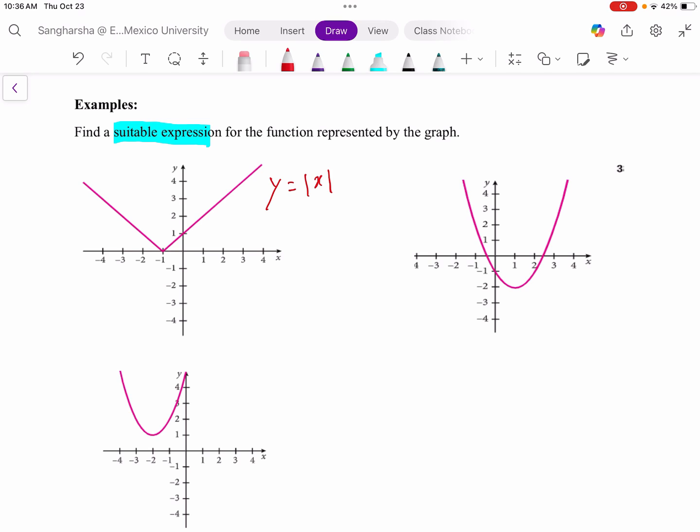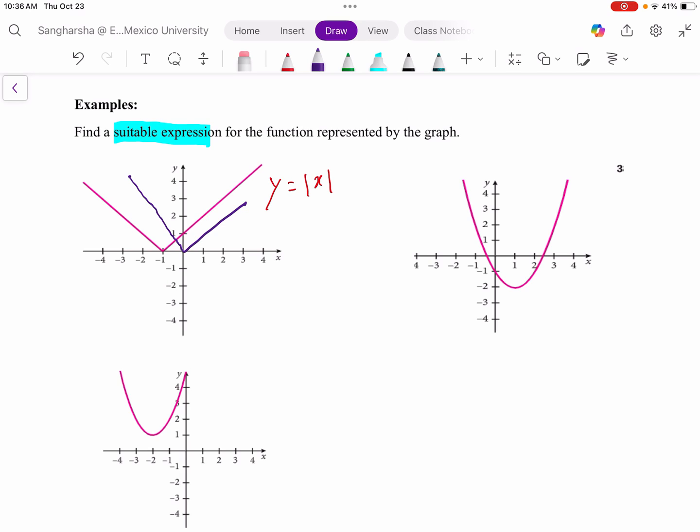Now, the graph of this function is at the origin, right? Let me draw that and see the difference here. Our graph for this basic function is this V shape. Now how far is this graph from our basic function? It's on the left side by how many units?